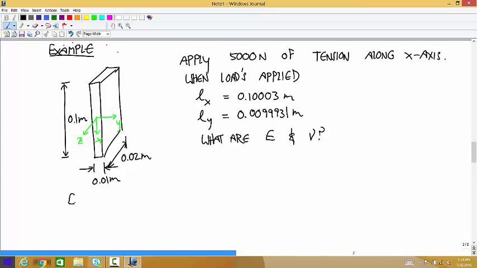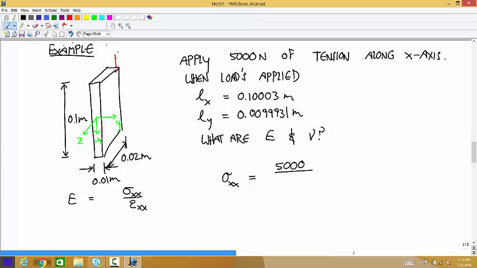Okay, well, the definition of Young's modulus is the axial stress divided by the axial strain. These are normal stress and normal strain. So this is going to be sigma xx divided by epsilon xx. Sigma xx is equal to 5,000 divided by the area of the loaded face.